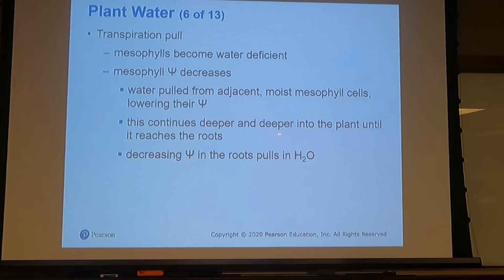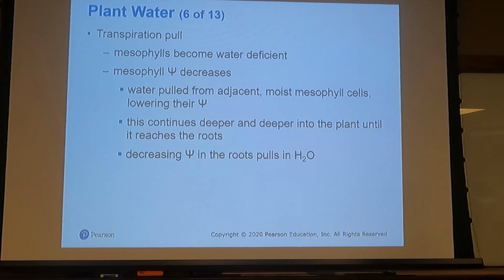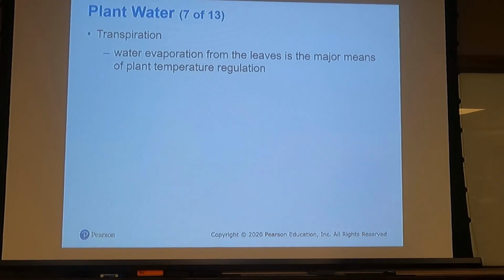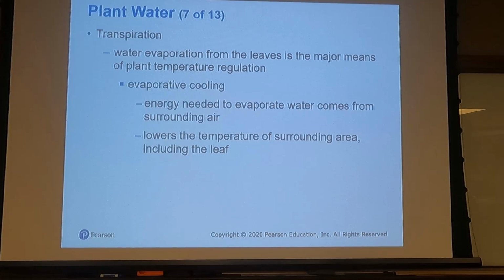Ultimately, that pressure makes it to the roots, and then the roots will start to pull water from the soil.